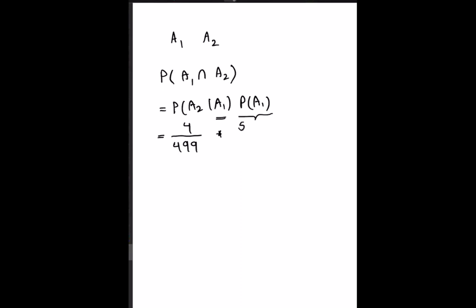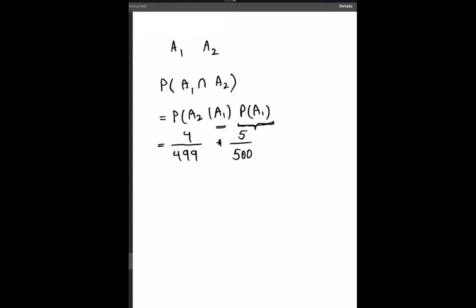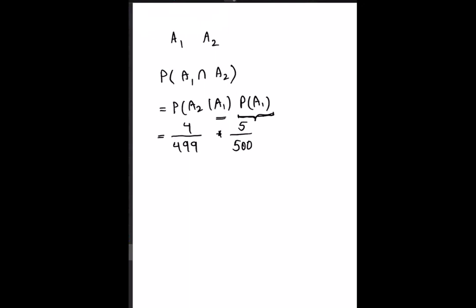So I have 5 containers that are defective, out of 500 total containers. Since this is the first selection, I'm just going to consider all 500 containers and the 5 defective items that I have. Okay, so that gives us the probability that the first container is defective and the second container that we pick is defective.